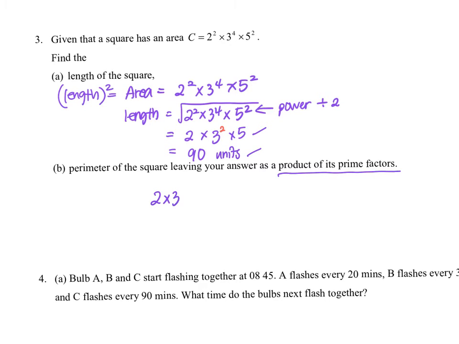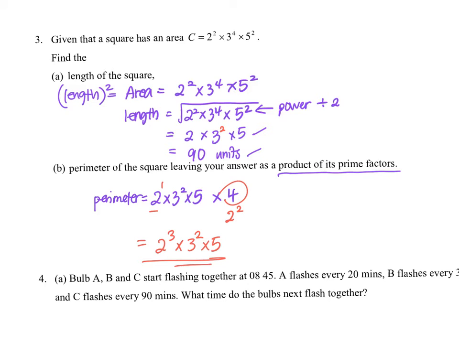So 2 times 3 squared times 5, multiply this by 4, which gives me the perimeter. But this is not in prime factors. What is 4 as prime factors? 2 to the power of 2. Here got 2 to the power of 2, here got 2 to the power of 1. Combine together: 2 to the power of 3, 3 squared, 5 units. Answer.